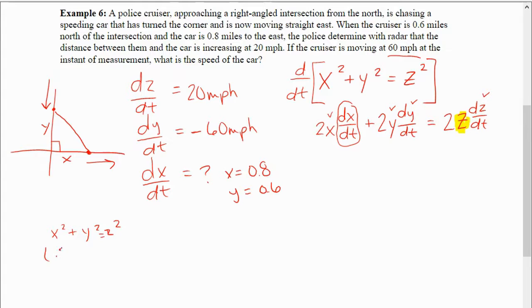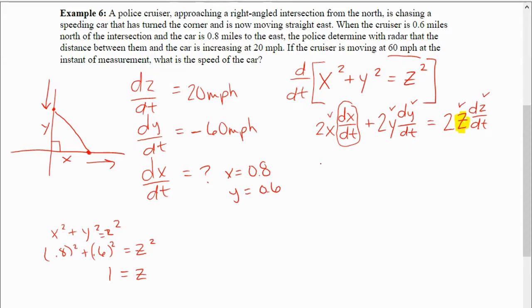So we have 0.8 squared plus 0.6 squared equals z squared. Okay, so these numbers actually seem familiar. This is kind of a Pythagorean triple. So when you solve this out, you end up with z is equal to 1. Pause the video and do it yourself if you don't believe me. But okay, so we got z is equal to 1. So now we know what our z is.